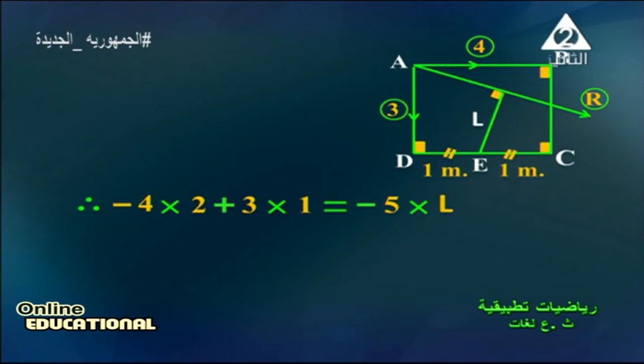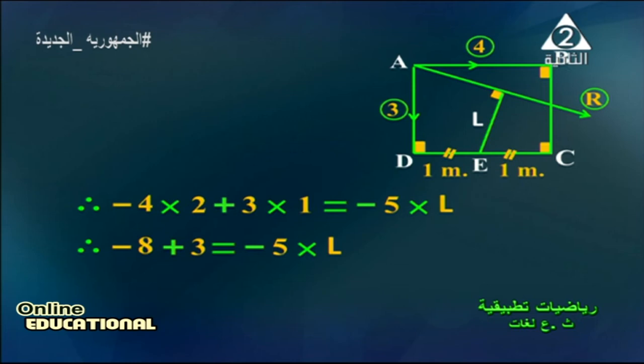The magnitude of the resultant equals 5, negative 5 because the rotation is clockwise, multiplied by the perpendicular distance L. Negative 4 multiplied by 2 plus 3 multiplied by 1 equals negative 5L.